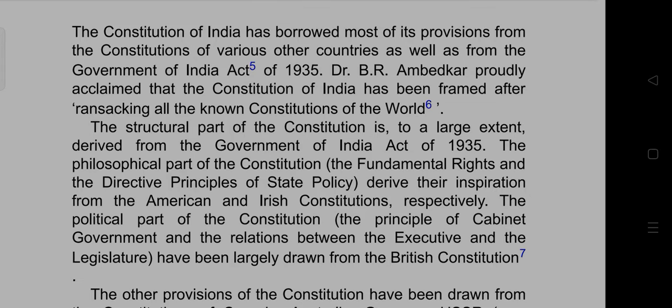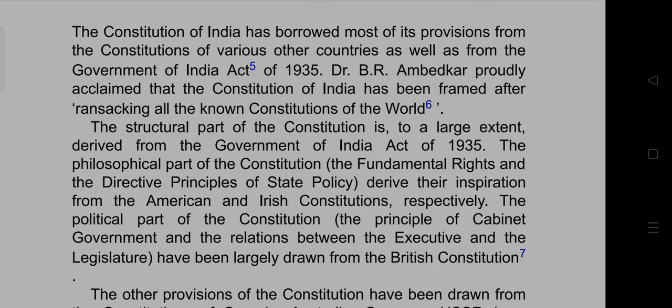The structural part of the Constitution is to a large extent derived from the Government of India Act 1935. The philosophical part, that is the fundamental rights and directive principles of state policy, derives its inspiration from the American and Irish constitutions respectively.